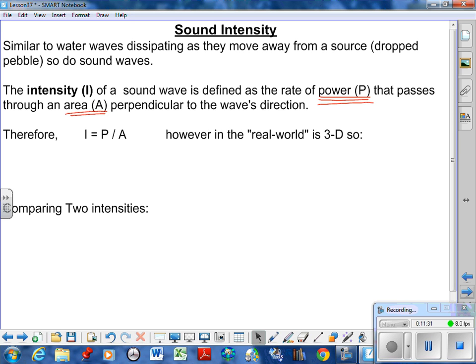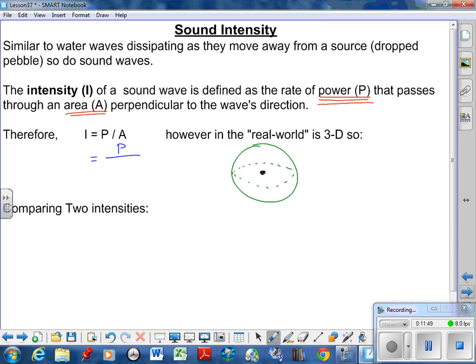Now, in a real world, if I have a suspended object, we say that sound wave would look like this, but remember, it's 3D. So it would actually be a spherical sound wave that's being produced. So if that's the case, this formula would have to be adjusted a little bit, because it's not the area of a circle, it's the area of a sphere, which is 4 pi r squared.